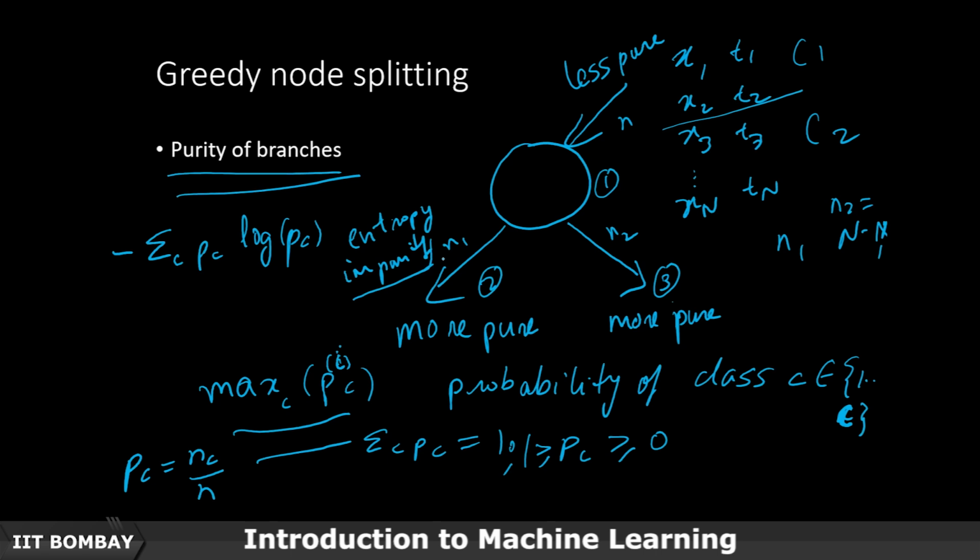Another way of looking at it is to have sum over C of Pc times 1 minus Pc. Imagine if one of the Pcs is very high. This is another measure of impurity, called Gini impurity.